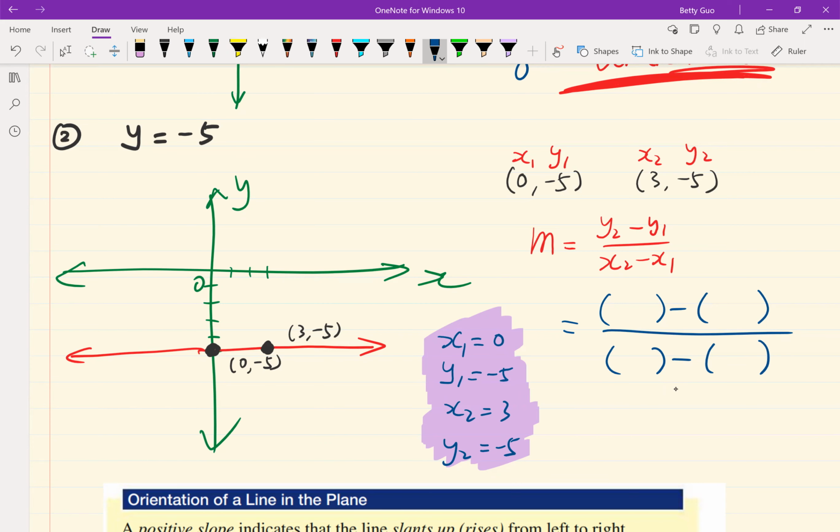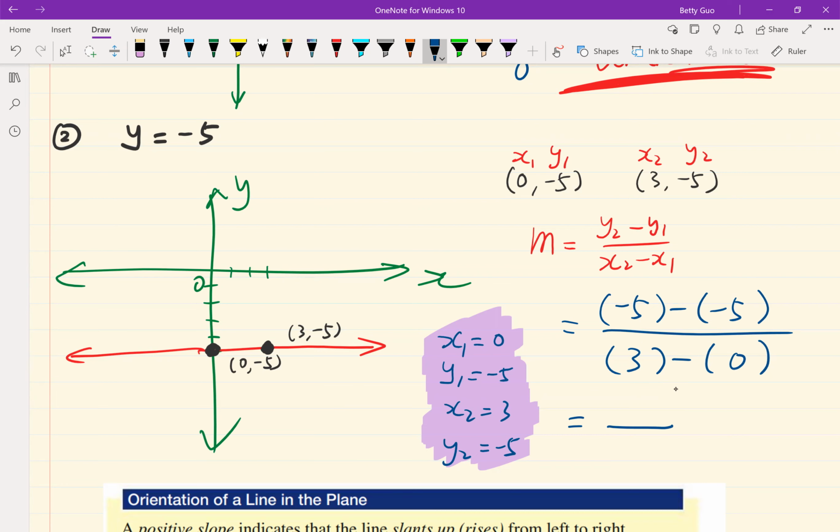Tell me what's y sub 2? 95. What's y sub 1? 95. Denominator, what's x sub 2? 3. What's x sub 1? 0. Numerator, what's 95 minus 95? Don't think it too complicated. What is 95 minus itself?